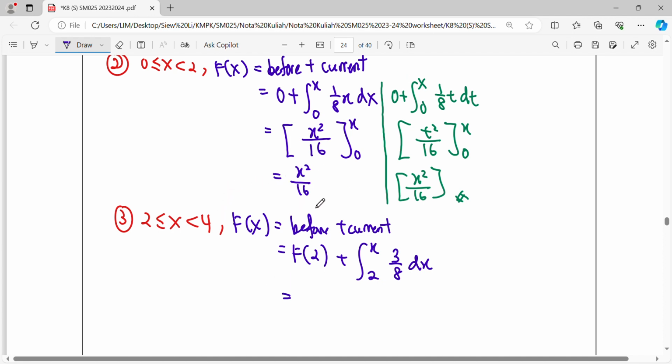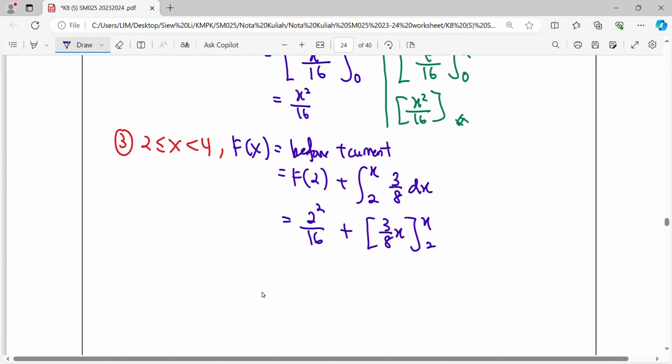The maximum you can reach until 2 means you substitute 2 into your cumulative function, and it will be 2 squared over 16. Currently you still have probability to go on, so you need to integrate 3 over 8 to find the area, to find the probability. So integrate 3 over 8 x, upper limit x, lower limit 2.